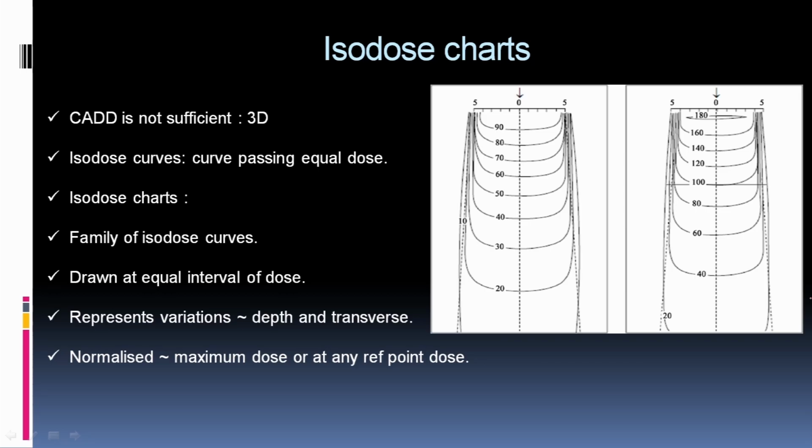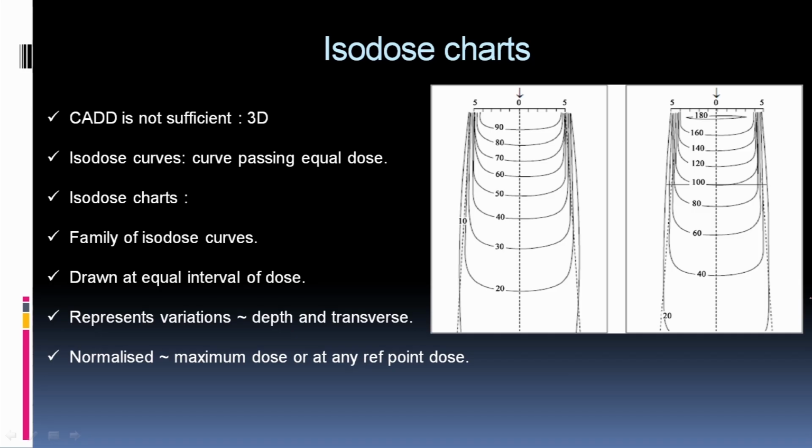So, we need to have a dose planning system which should incorporate all these parameters for all 3-dimensional directions. Now, isodose, so we have the isodose curves.